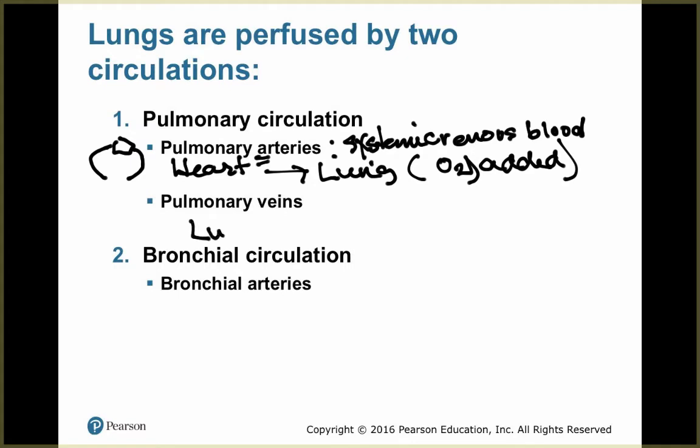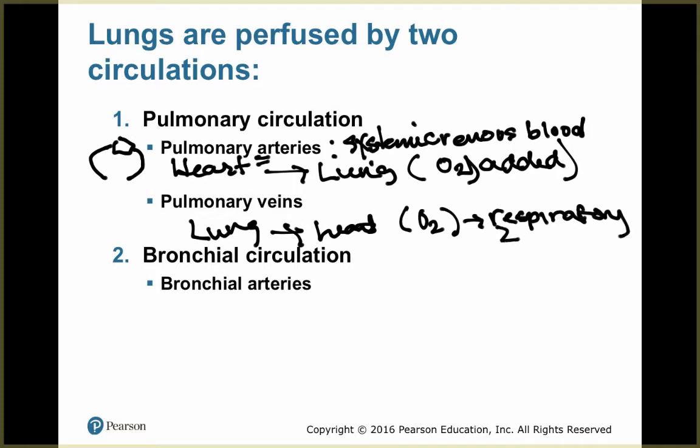So this is coming from lungs to heart, and this is going to have O2 in it. So this guy is essentially coming from the respiratory zone. Remember that area in the alveolar area that essentially is where gas exchange is happening.